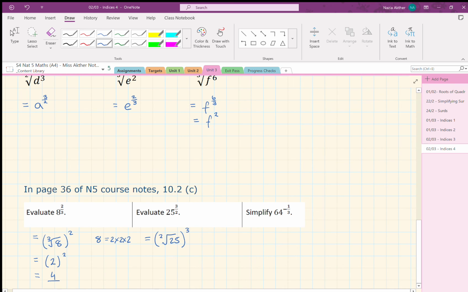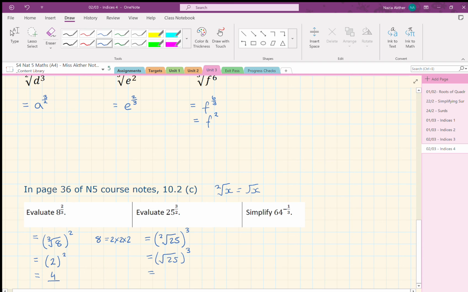Just a side note, if you have a root which is 2, we don't usually write this 2, we just write it as the square root of x instead. So I can write this as the square root of 25 all cubed.